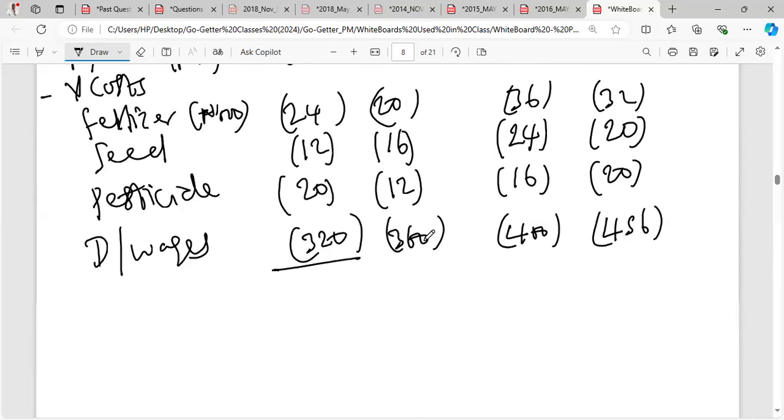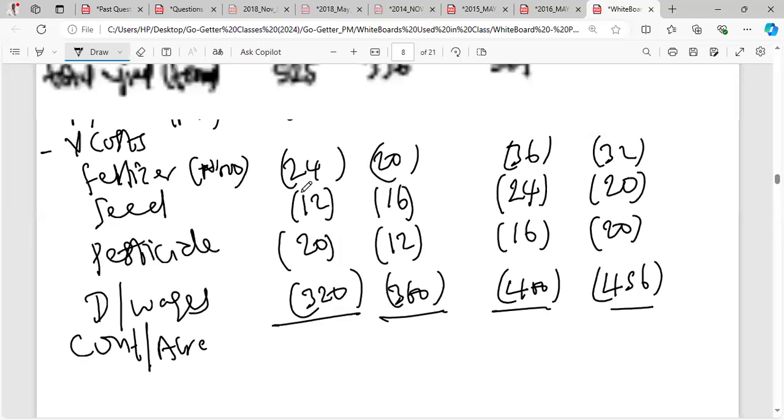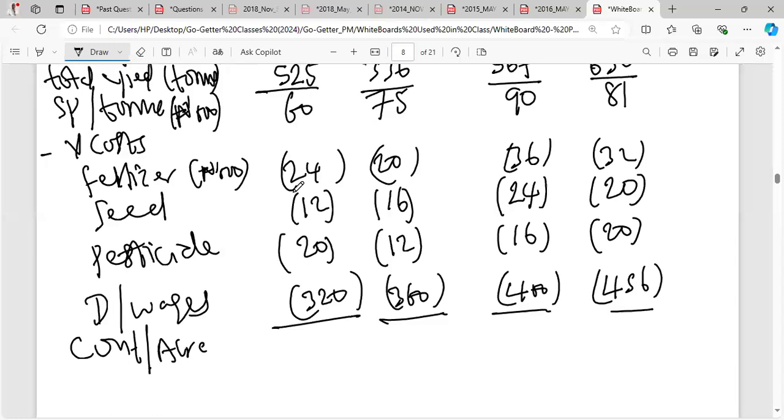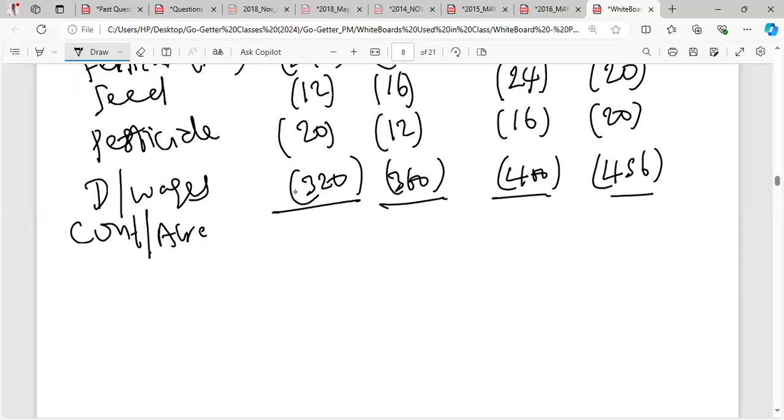So I am having contribution per acre, that is going to be in tons.